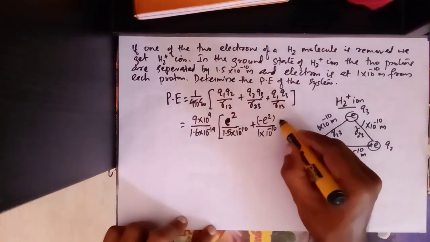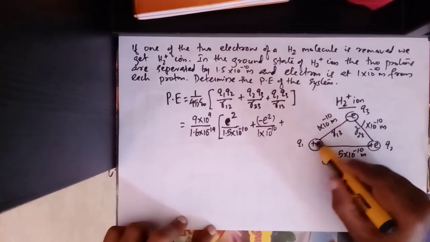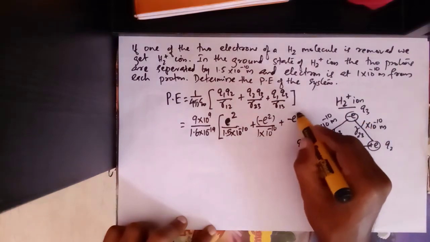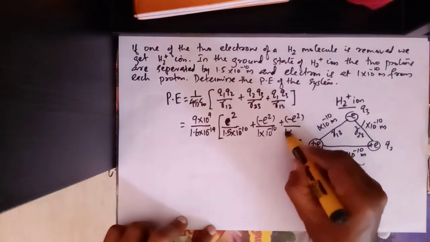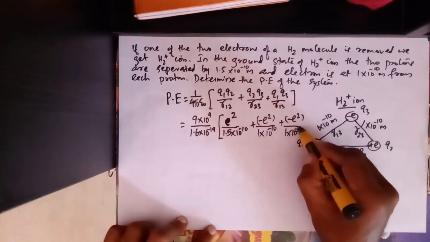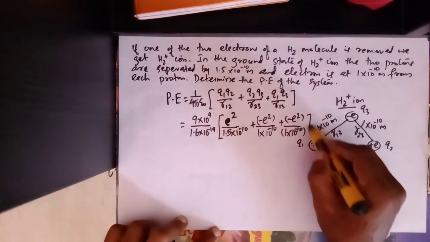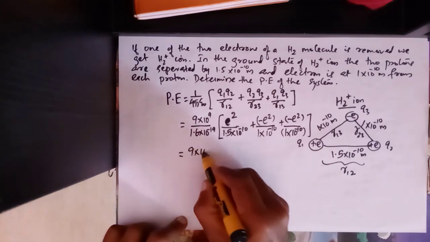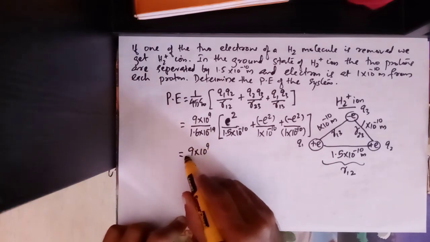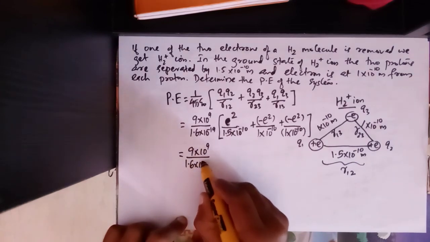Again we have Q1, Q3. These two have plus e into minus e, that is again minus e square, divided by the distance 1 into 10 raised to minus 10. Okay, so we'll simplify this. We have 9 into 10 raised to 9 by 1.6 into 10 raised to minus 19.